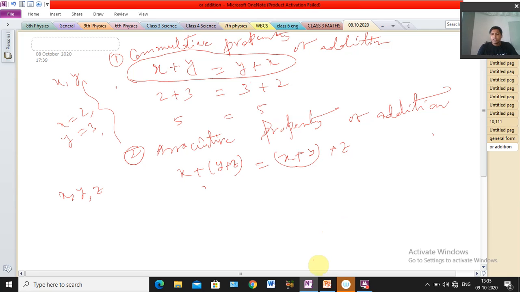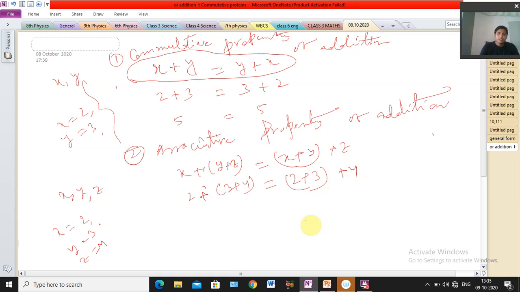Now if we put values for x, y, z, suppose x equals 2, y equals 3, z equals 4. So x means 2, no? 2 plus (y plus z), y plus z means 3 plus 4. Here we get 2 plus 3 in bracket plus 4.